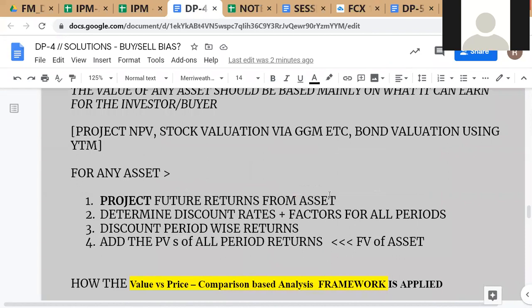You project the future returns from the asset. That is, how much will FCX earn, or what kind of dividends will it give you. Okay, those are basically the same. If you use dividends, at the end of the day, eventually all the earnings have to be paid out as dividends in the last period. So now you apply this framework, and you arrive at your own subjective assessment of the fair value of the project.